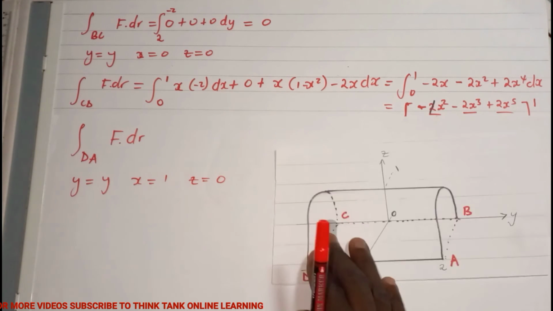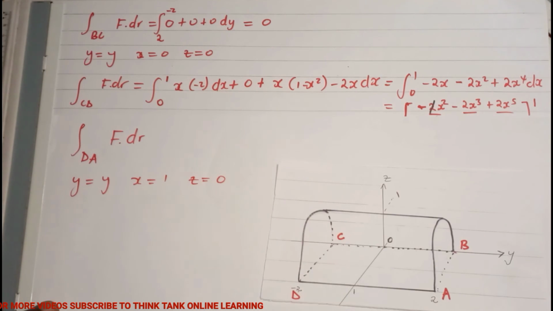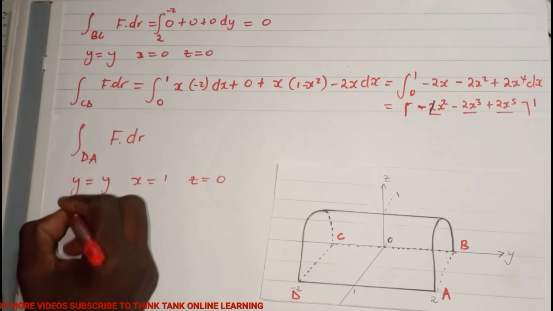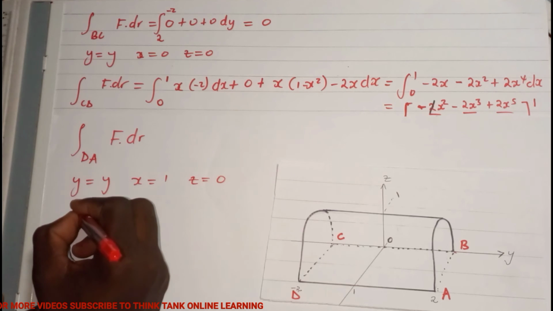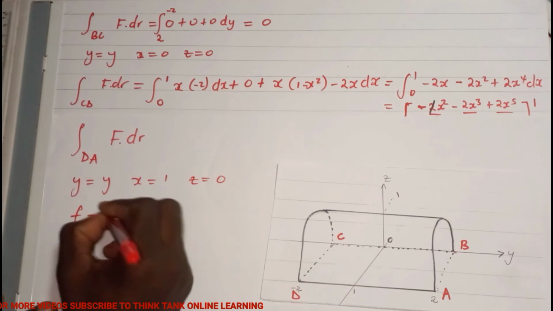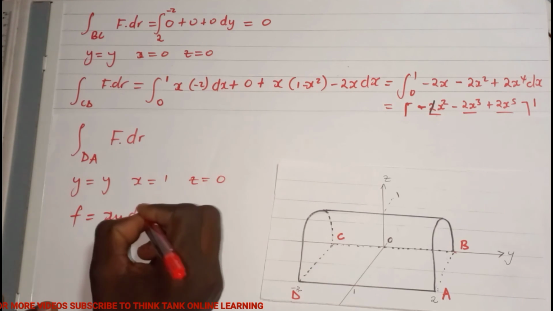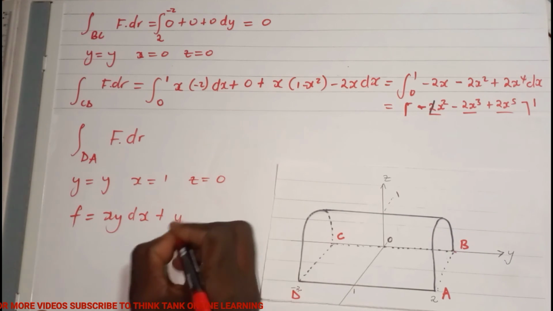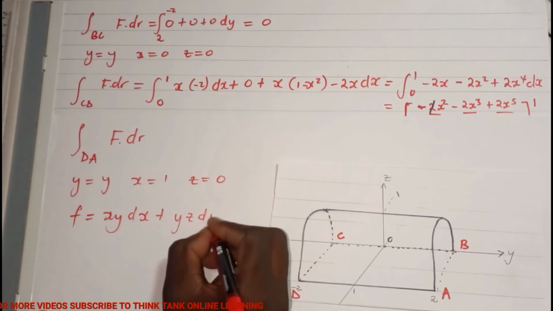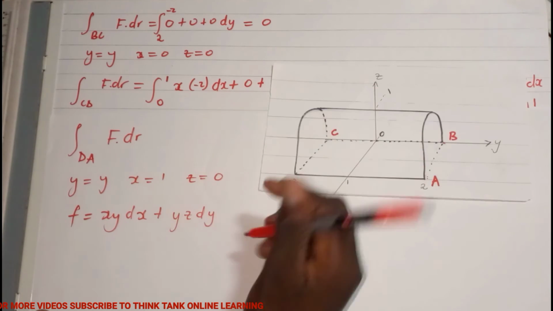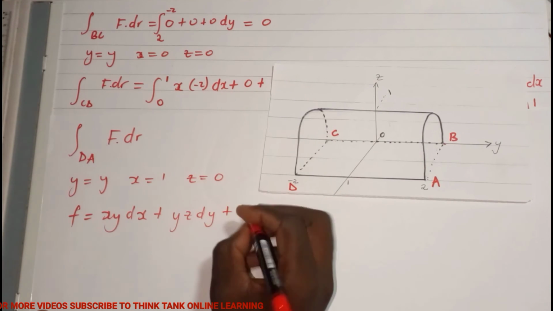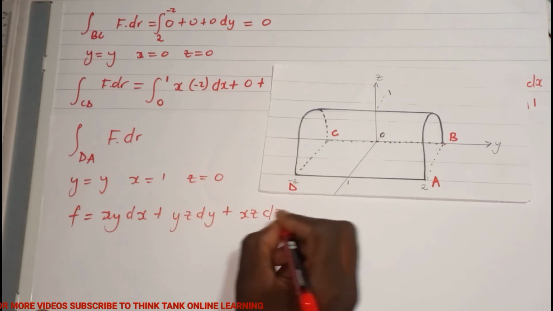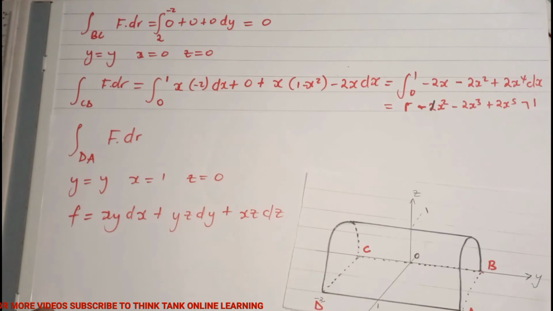Our vector function F is equal to xy dx plus yz dy plus xz dz.